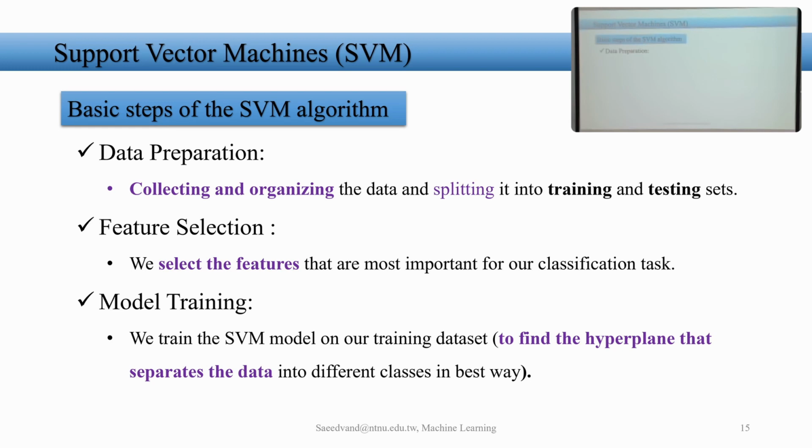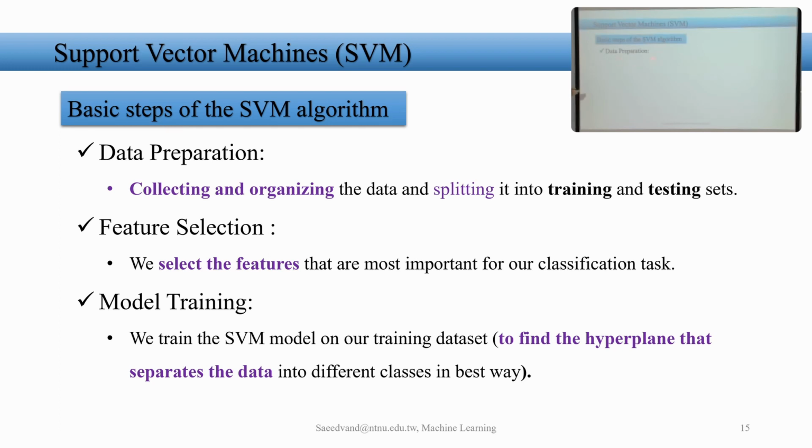So we know the basics now: we know the hyperplane, we know the margin, we know the support vectors, and we know that we can use cross-validation in order to find C, to determine that margin. This is the kind of introduction we needed in order to understand the whole concept. Now we want to see the SVM's steps in general, then we dive into training the model. These basic steps of SVM that I'm going to explain are also valid for different classification techniques.